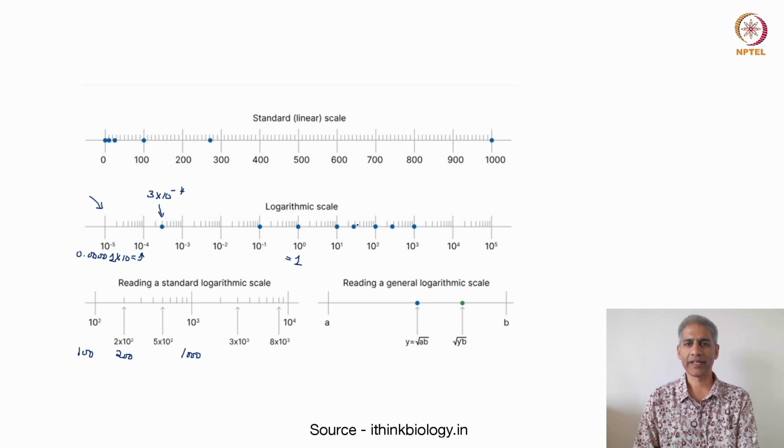So again, this point here is the third division. So it's 3 into 10 equals 30. And then this point here is 3 into 10 raised to 2, which is 300.